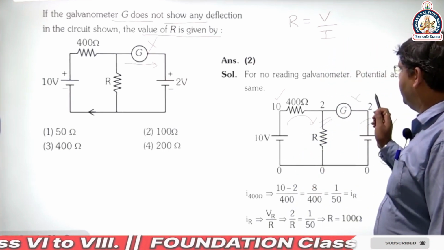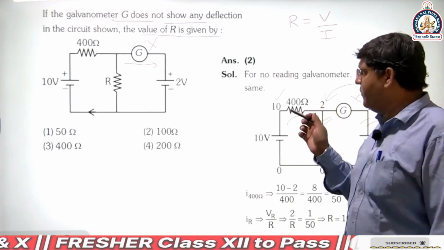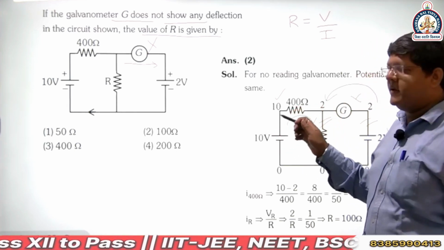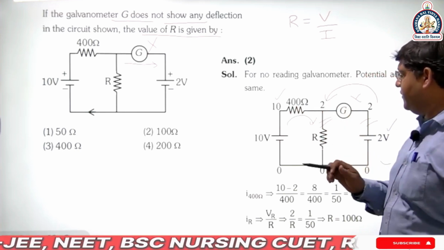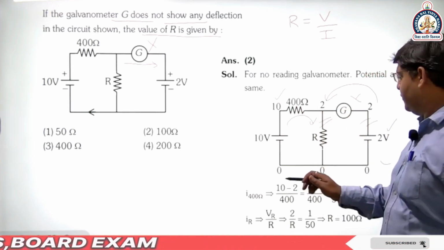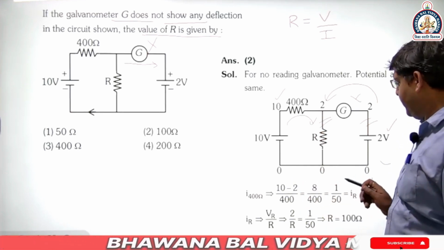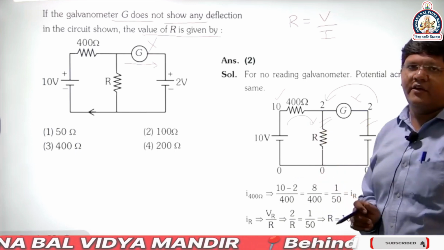So the 2 volt shifts to this. Now we have to calculate the current in 400 ohm. One side is 10 volt and the other is 2, so the difference will be 10 minus 2 upon the resistance of 400 ohm. So the current flowing is 1 upon 50. That is the required value of the current.